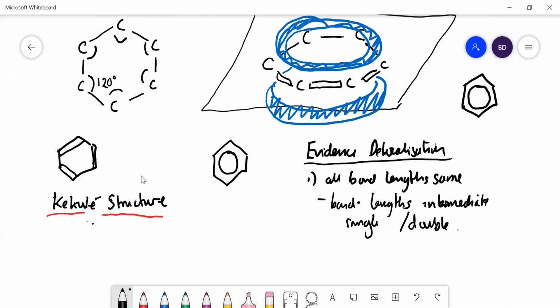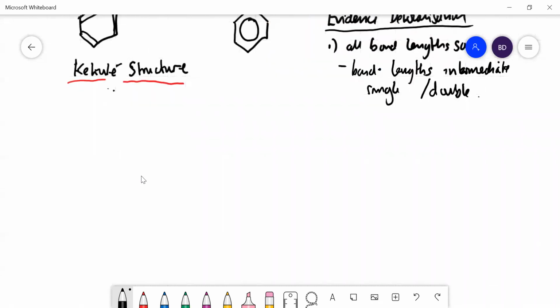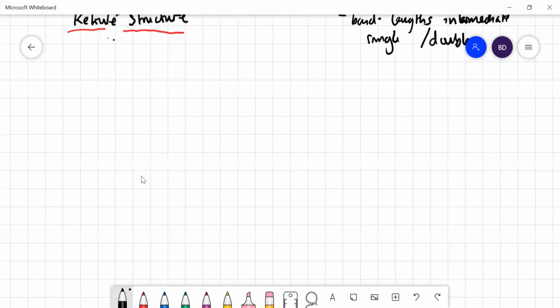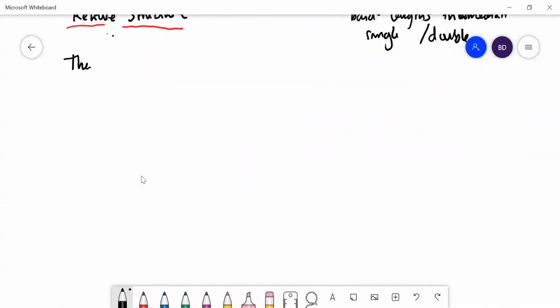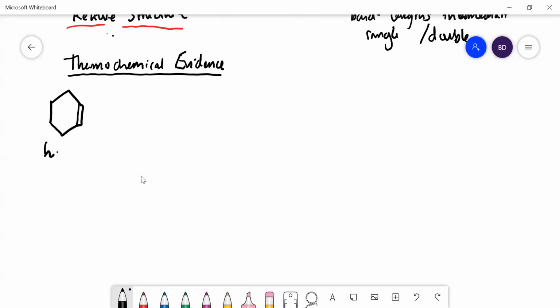But what we're going to look at now is thermochemical evidence, so enthalpy experiments. So if you have hex-1-ene, here's hex-1-ene, and you react it with hydrogen, you turn it into cyclohexane.